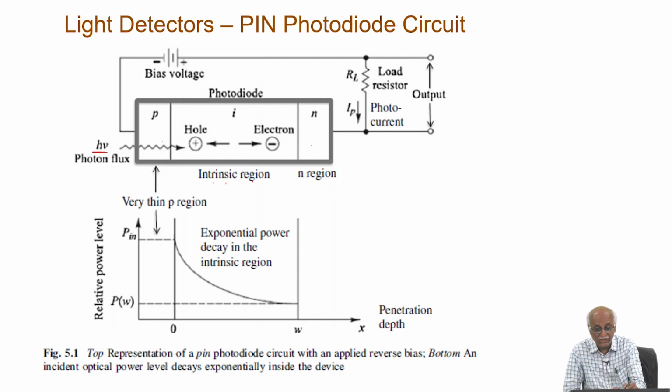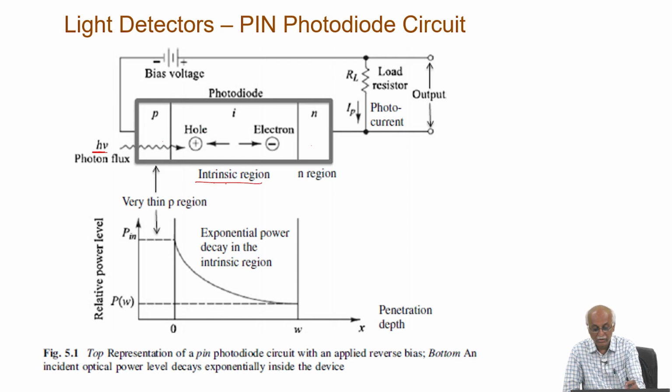indirectly, if my intrinsic region is very long and wide enough, then the electrons generated may not be able to reach n, but the number of photons which will interact with this region will also be large. If it is a very small region, the number of photon interactions will be less.